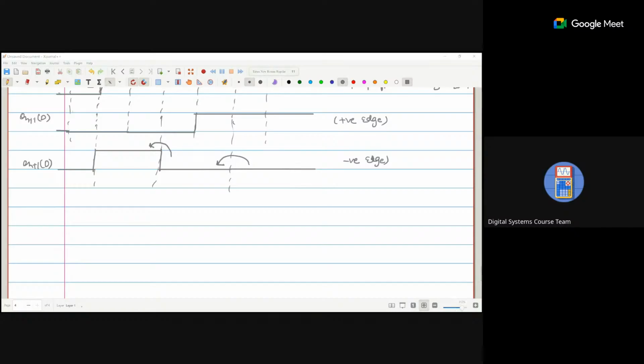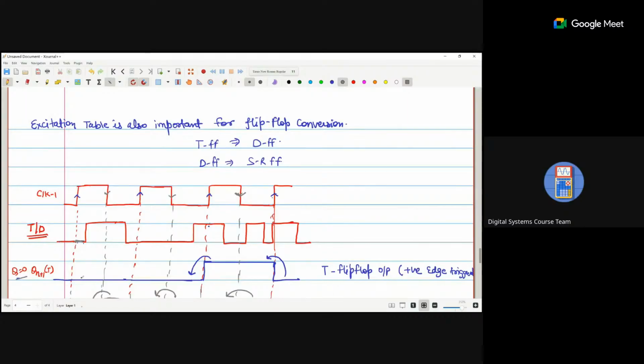Okay, I hope you understand the meaning of previous state and next state. If I rename this particular clock as clock 1, that will be clock 2, that will be clock 3.